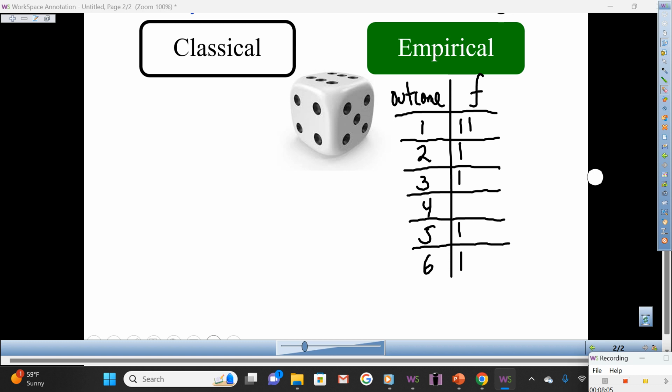All right, so you have a lot of data on this table. So what you need to do now is write the total frequency of each outcome. So how much was it for number 1?